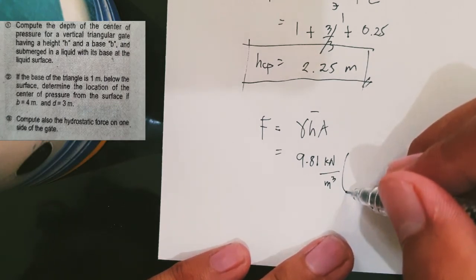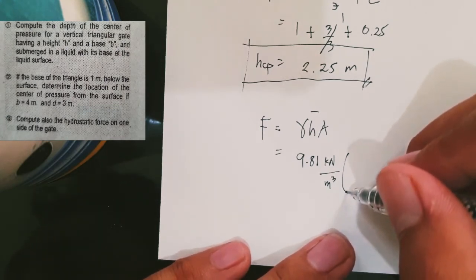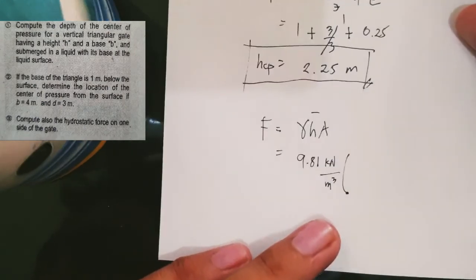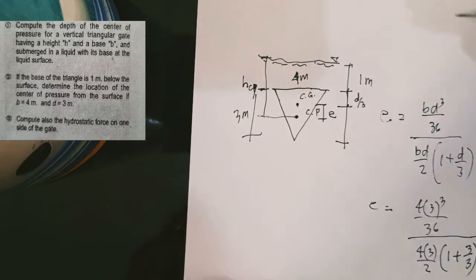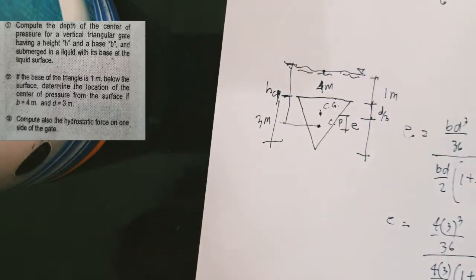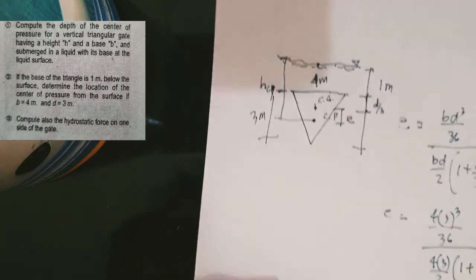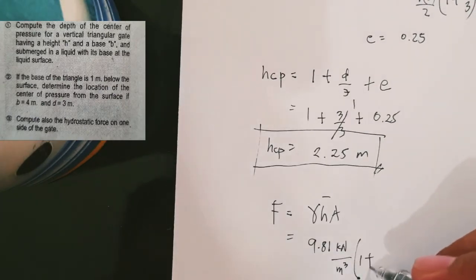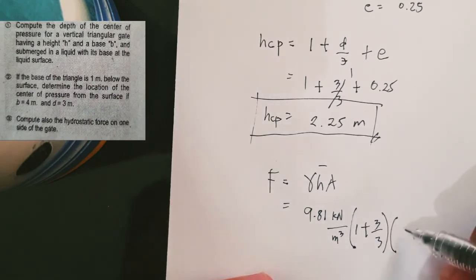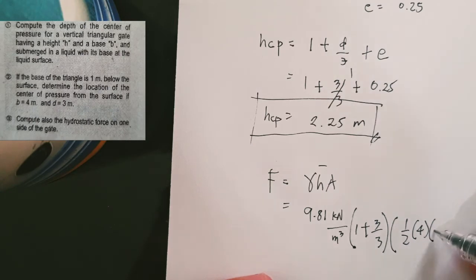H bar is from the center of gravity to the top, so 1 plus D over 3, 1 plus 3 over 3, area 1/2 times 4 times 3, so these are all in meters.